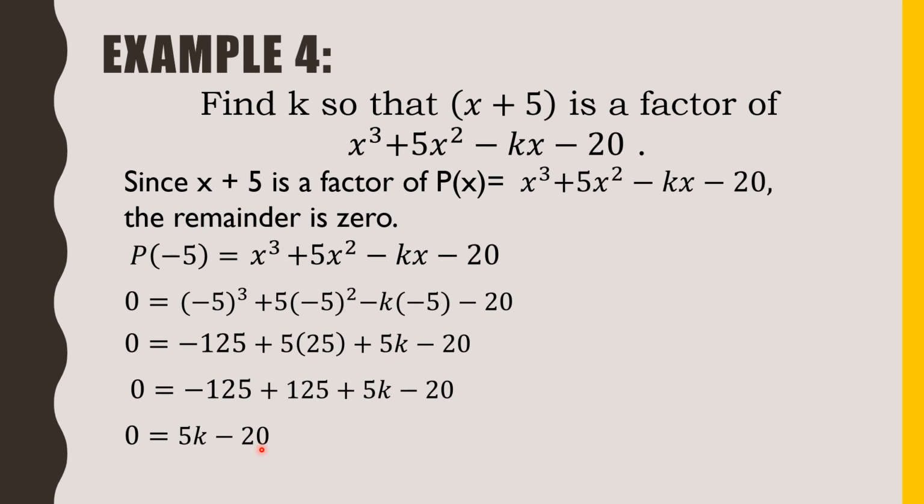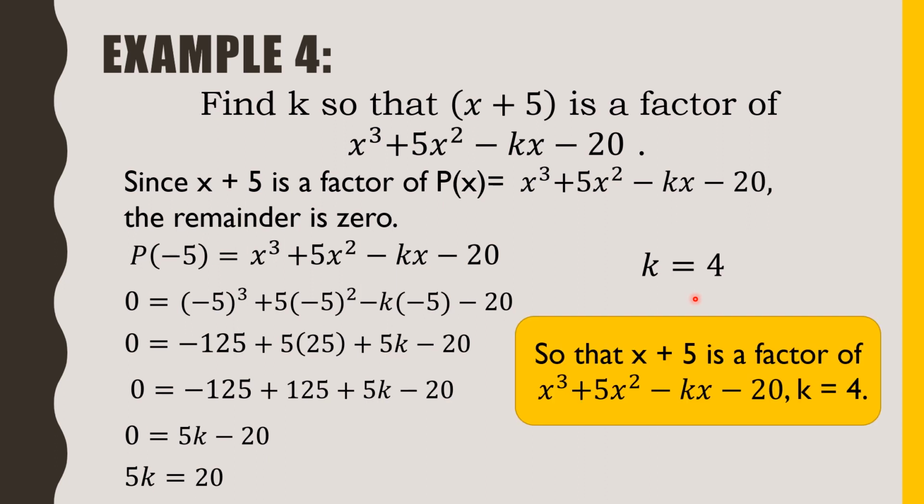Solving for the value of k, we transfer it to the left side of the equation rather, so we have 5k equals 20. And then we divide both sides by positive 5. So the value of k is equal to 4. So that x plus 5 is a factor of x cubed plus 5x squared minus kx minus 20, the value of k is equal to 4.